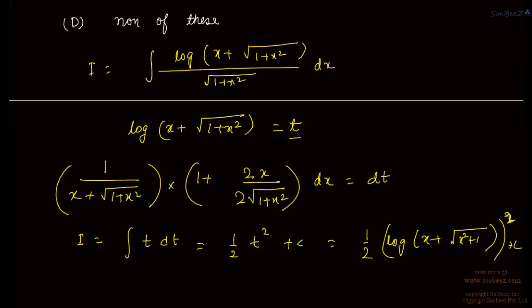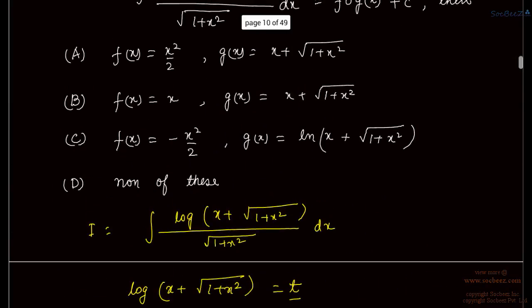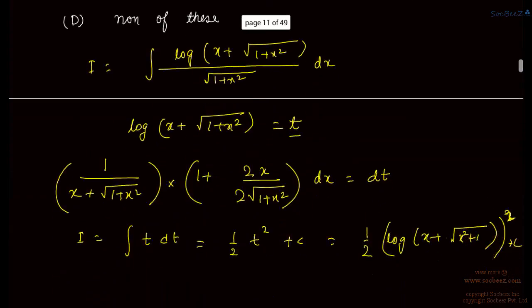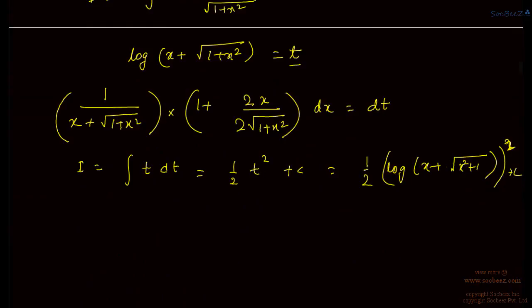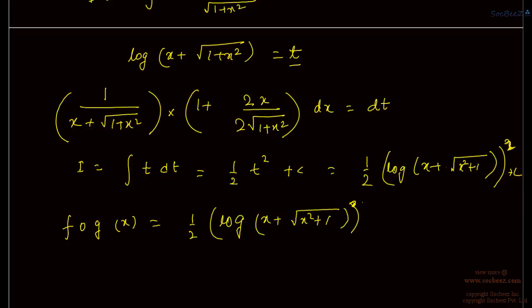So if we check the options from here, we can see that f x is equal to x square and g x is equal to 1 plus x square, right? So that f of g x is this number. So here we have f of g x as half log x plus root x square plus 1, whole square, right?